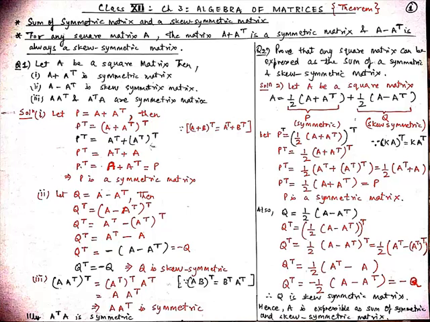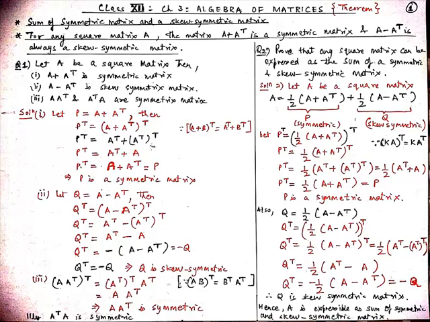Since (A plus B) transpose is equal to A transpose plus B transpose, P transpose is equal to half (A transpose plus (A transpose) whole transpose), and we know that (A transpose) whole transpose is A. So we get P transpose equal to half (A plus A transpose), which is equal to P. So P is a symmetric matrix.